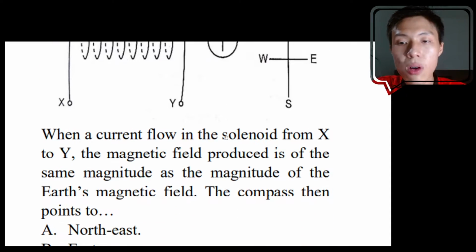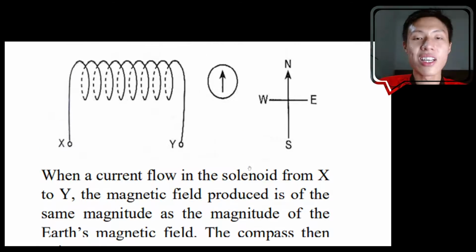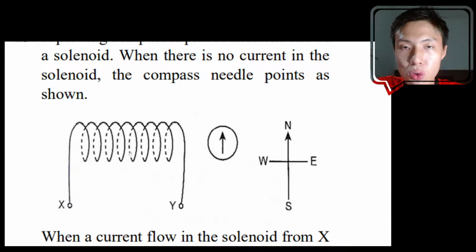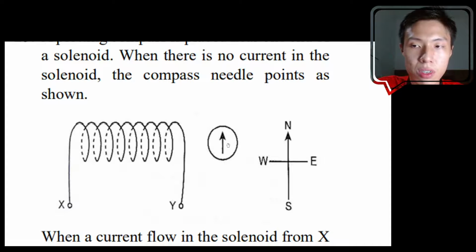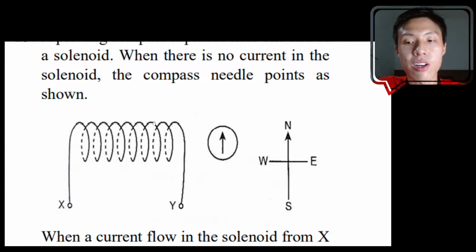Now when the current flows in the solenoid from X to Y, the magnetic field produced is of the same magnitude as the magnitude of the Earth's magnetic field. So the idea is like this. When there's no current flowing in the solenoid, there's no magnetic field produced by the solenoid.